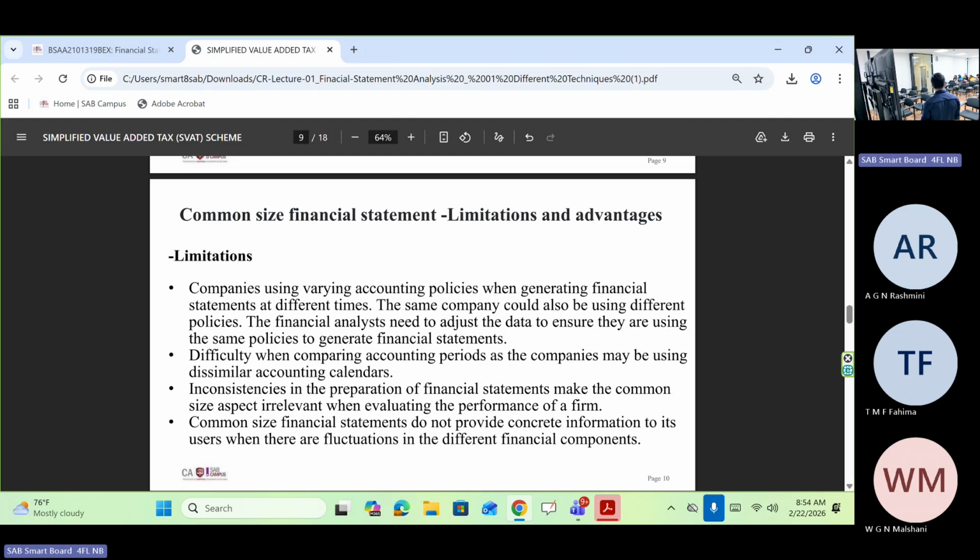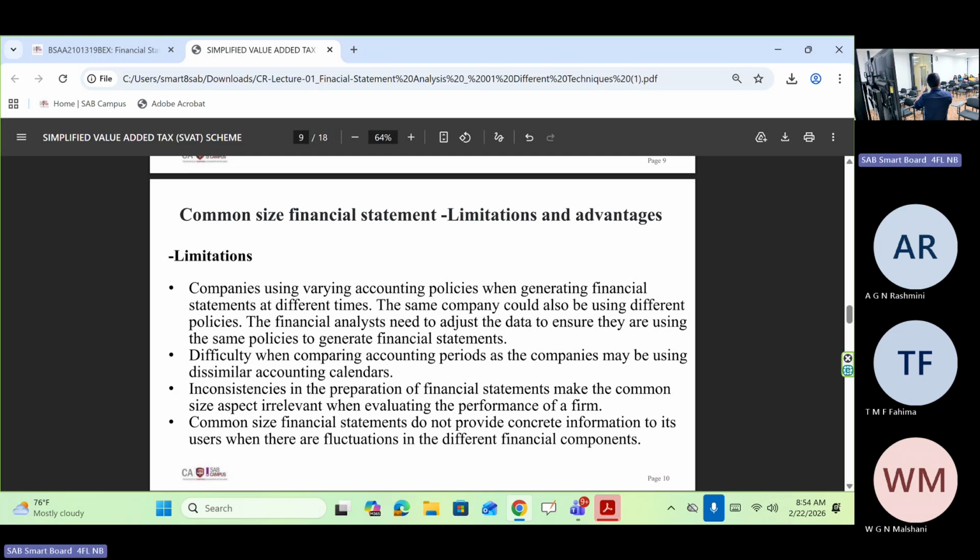Other thing is, common size financial statements do not show the size of the organization. Are you getting me? You are converting whatever the company size to 100. Let's say you have two different hotels. One is a hotel chain having maybe 3-4 hotels. Their P&L is converted to 100.